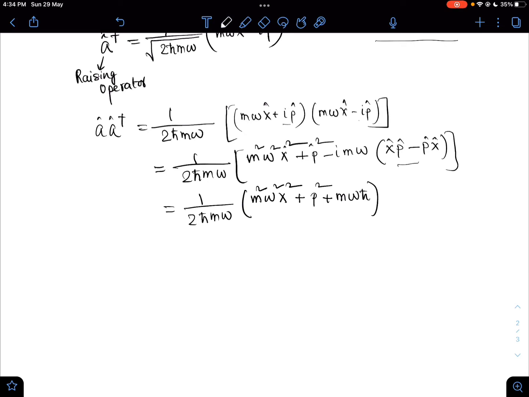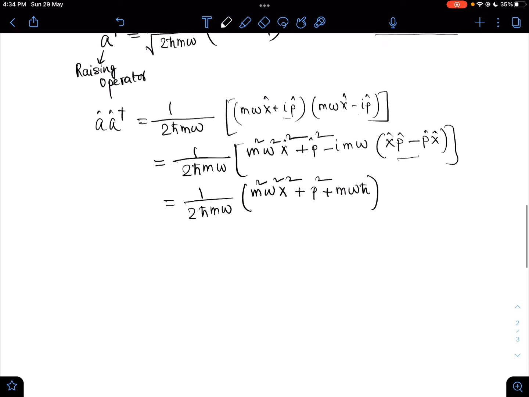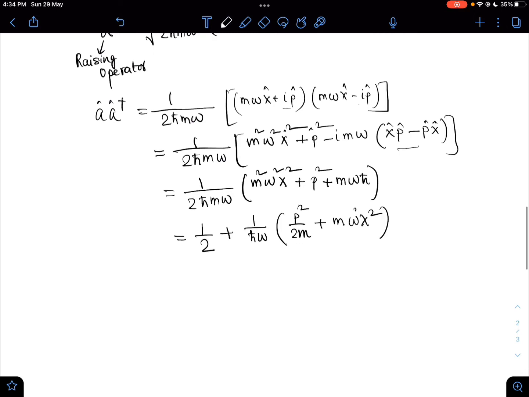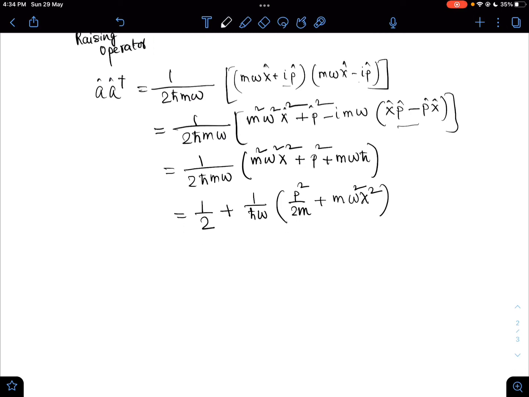If we observe this carefully, we will get minus half plus 1 by h bar omega times p squared by 2m plus half m omega squared x squared. What is this?